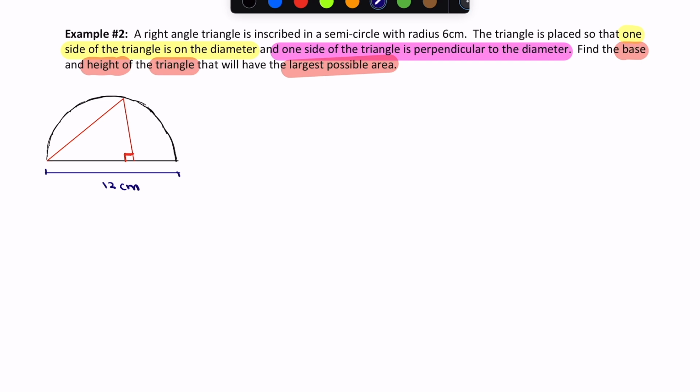And here, again, we're going to be looking for the max area. Okay, and so we know that again, the radius is 6.